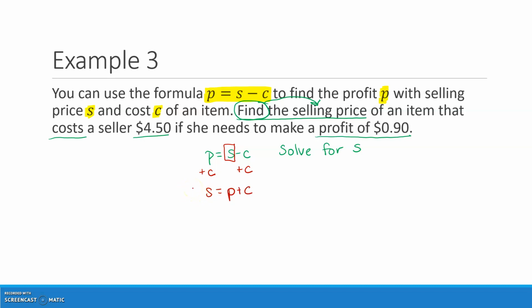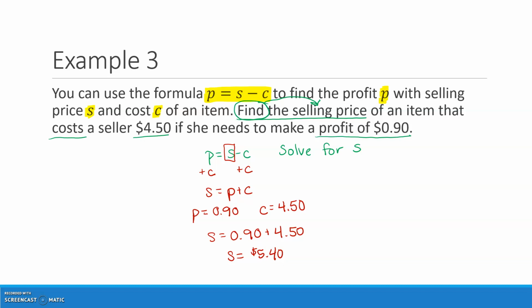All right, now I'm going to list out what I know. I know that P, or the profit, is 90 cents. I know that C, or the cost, is $4.50. So substituting those in, we would get S equals $5.40.